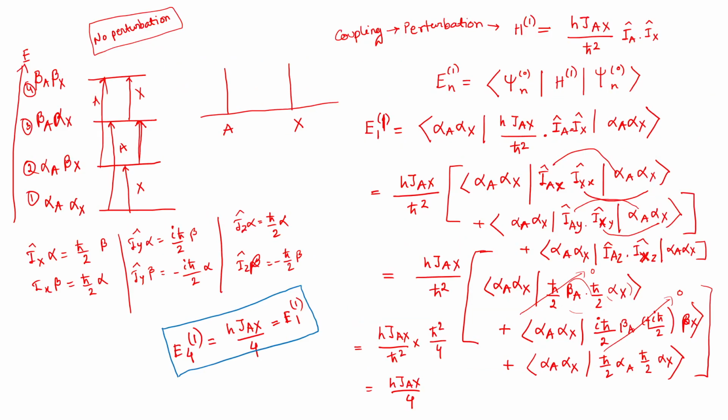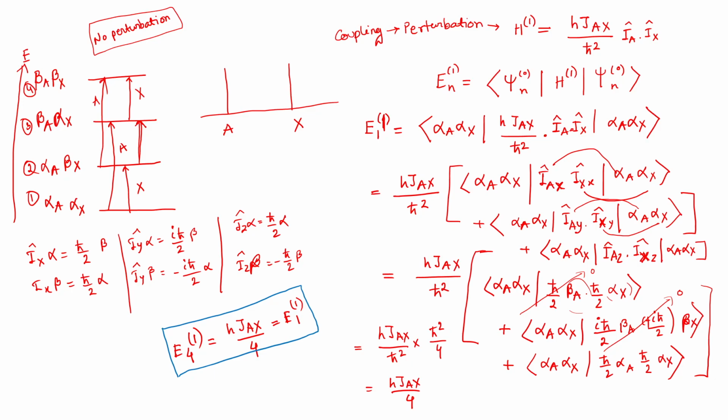And we have then shown you that here only the change in the spin states is happening like that. If it is going from the first to third, then there is a change from alpha to beta spin of A nuclei, and if it is going from 1 to 2, then there is a change in the spin for X, going from alpha to beta.